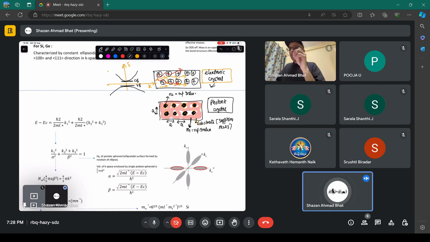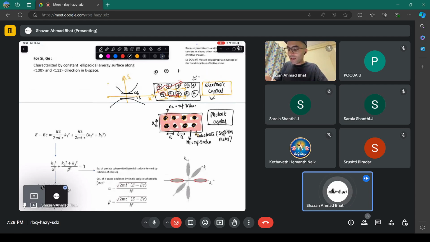This refractive index plays the same role as the potential in the electronic crystal, because a variation in refractive index is the same as a variation in potential in an electronic crystal. I showed you that if you have positive charges, you get an electrostatic potential profile like this.